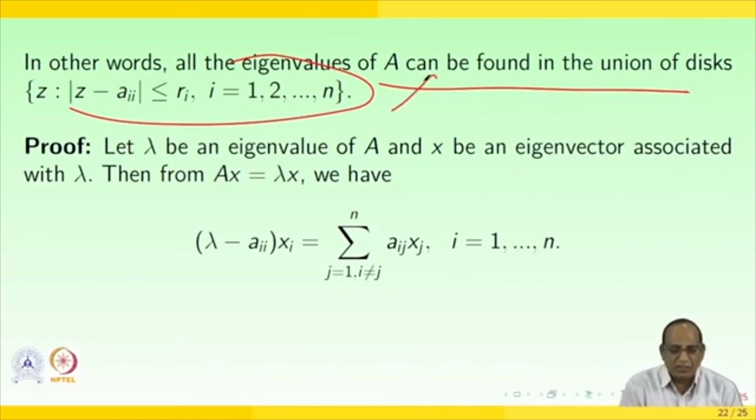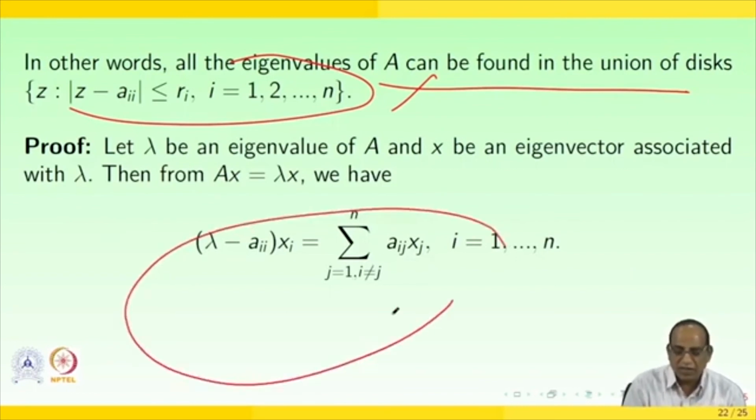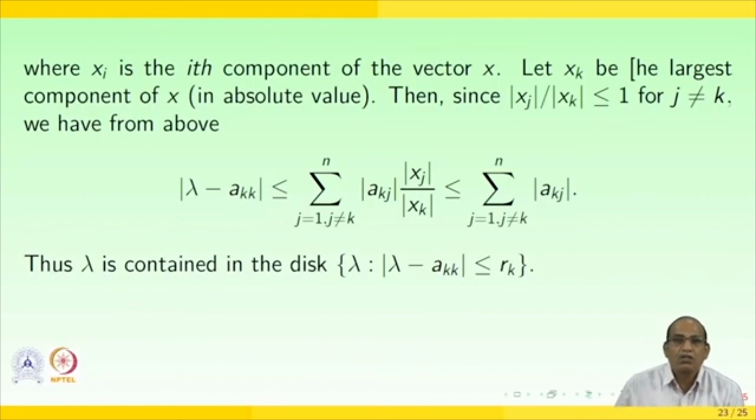The proof is very simple, but we will still try to prove it in a couple of minutes. Let lambda be an eigenvalue of A and x the corresponding eigenvector. Then Ax = lambda x can be written as (lambda - aii) xi = summation over j not equal to i of aij xj, where xi is the component of the vector x. Let xk be the largest component of x.